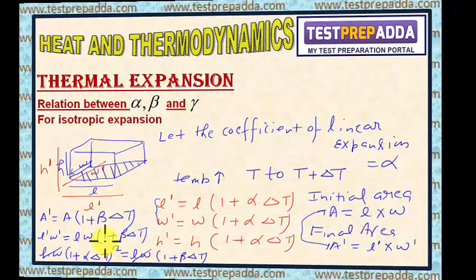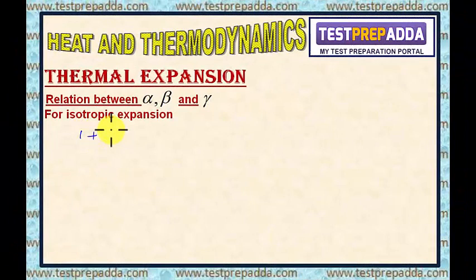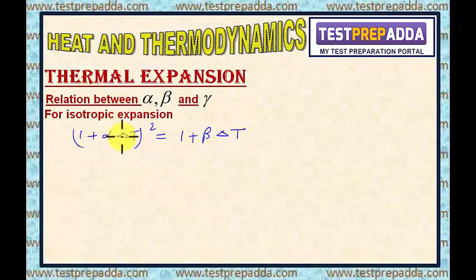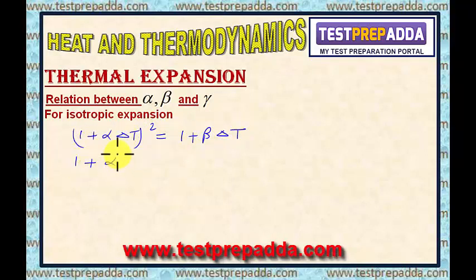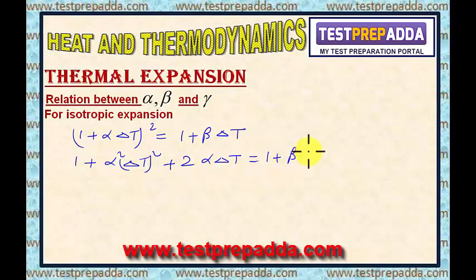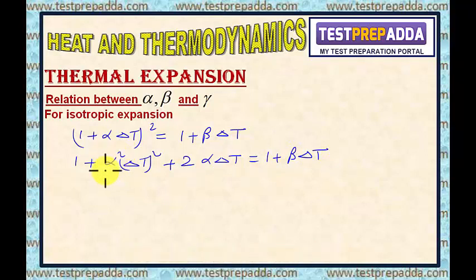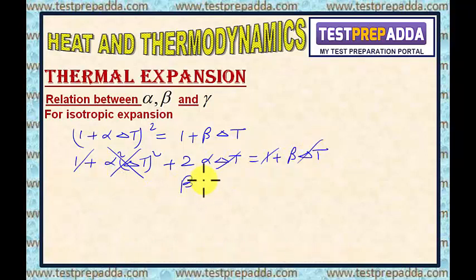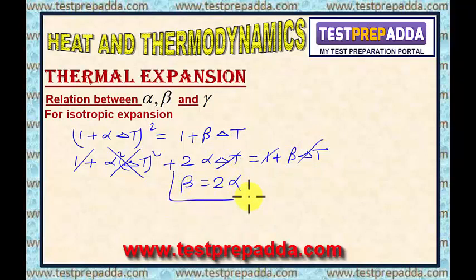Now open this square. So 1 plus alpha delta T squared is equal to 1 plus beta delta T, and this will be 1 plus alpha squared delta T squared plus 2 alpha delta T is equal to 1 plus beta delta T. Since alpha is small, alpha squared will be much smaller, so this can be neglected, and this way beta comes as 2 alpha.